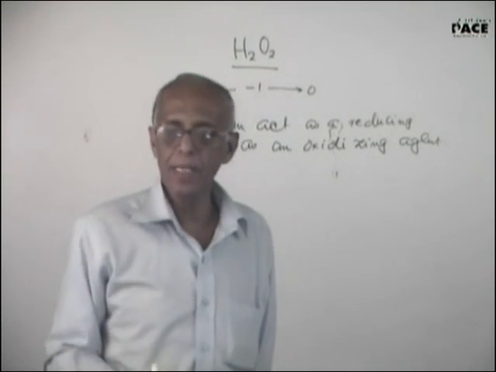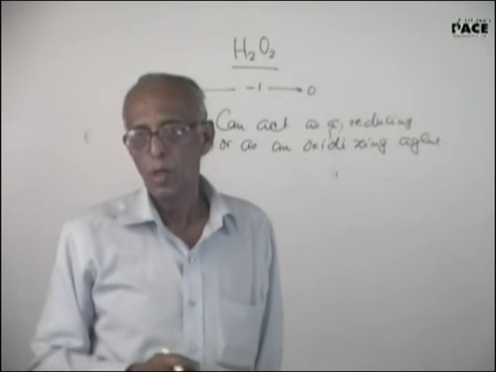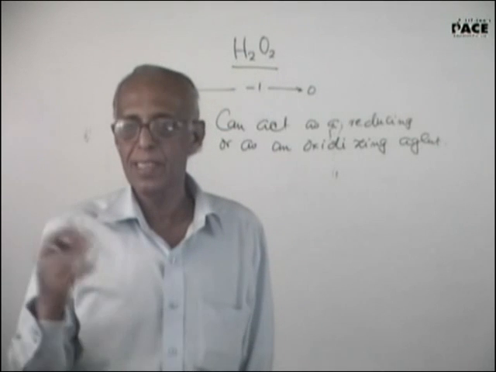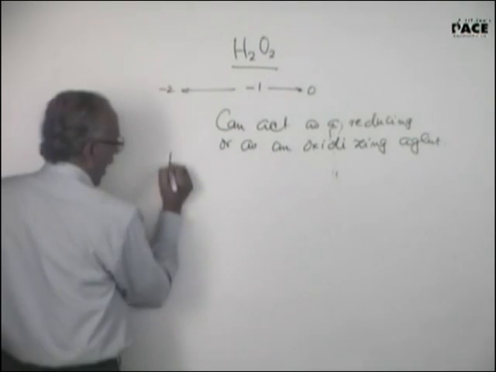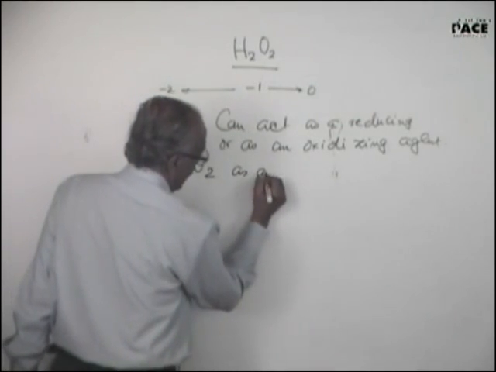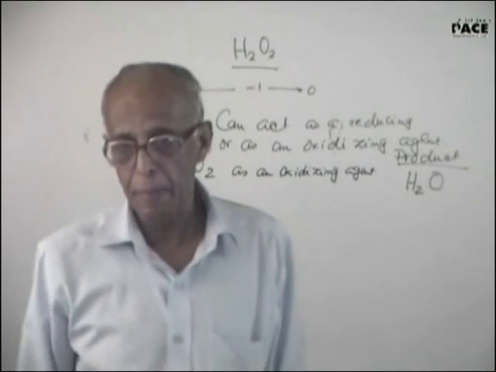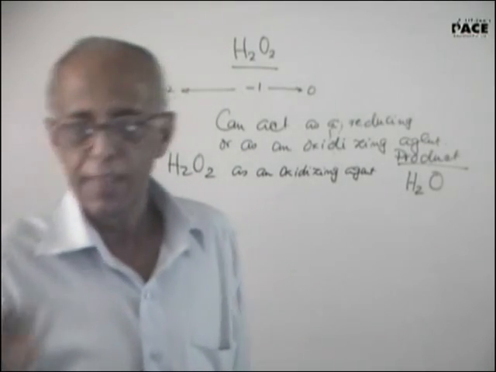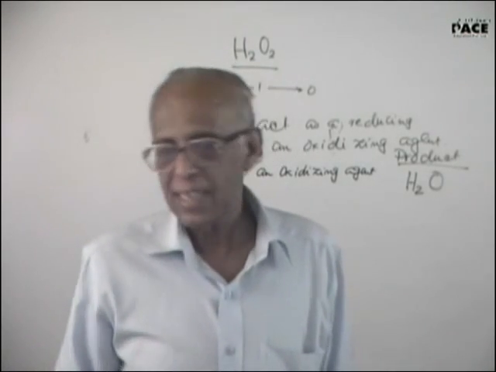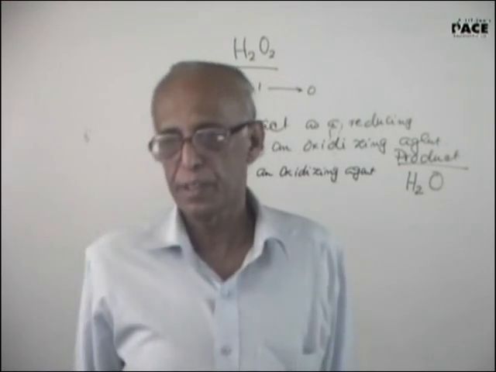When it accepts the electron, it acts as an oxidizing agent. When it releases the electron, it acts as a reducing agent. Hydrogen peroxide as an oxidizing agent, the product will be water. Remember that. When hydrogen peroxide acts as an oxidizing agent, it changes to water.